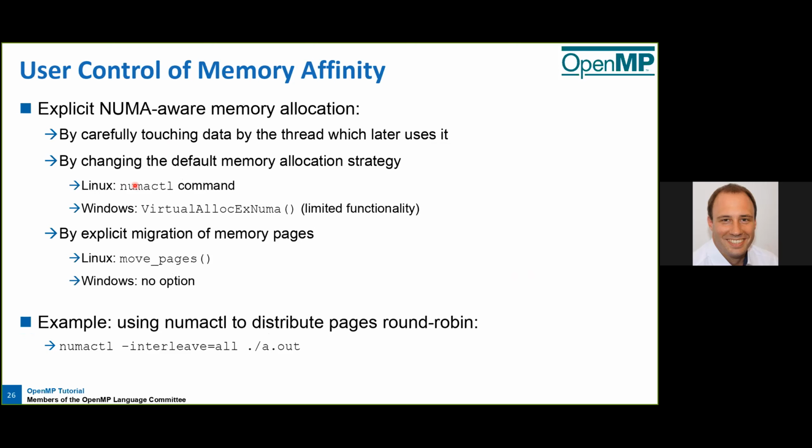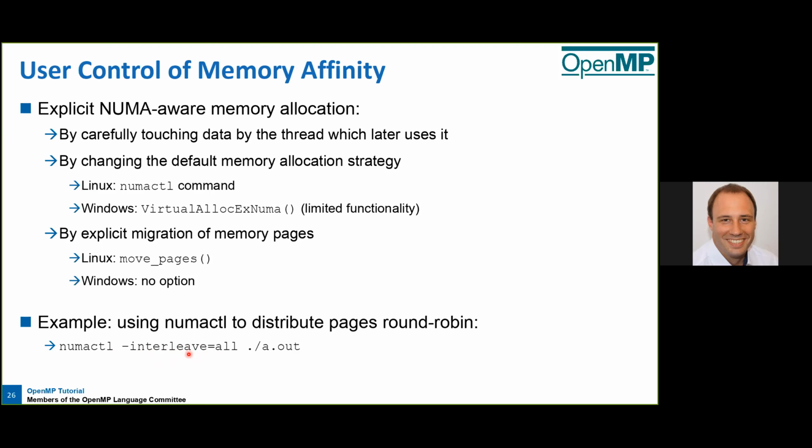In Linux, there's numactl. With numactl, you can, for example, limit the memory domains, meaning the NUMA nodes available to the program, or you can disable the first touch policy and instead enable interleaving. If you say interleave all, it will physically place the pages allocated by your program round robin over all NUMA nodes in the system.